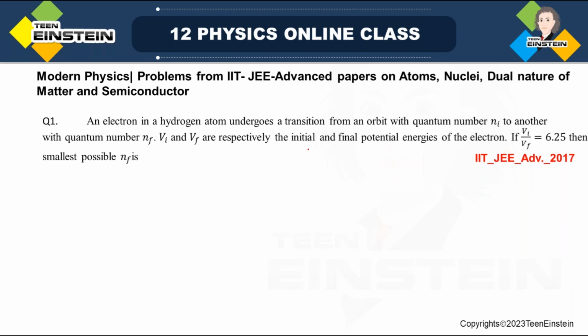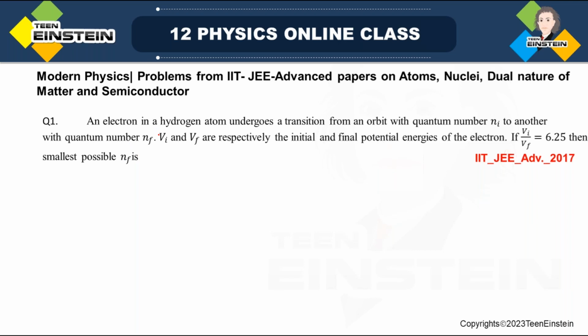Vi and Vf are respectively initial and final potential energies of the electron. If Vi by Vf is equal to 6.25, then the smallest possible value of Nf is how much? So that is the question.